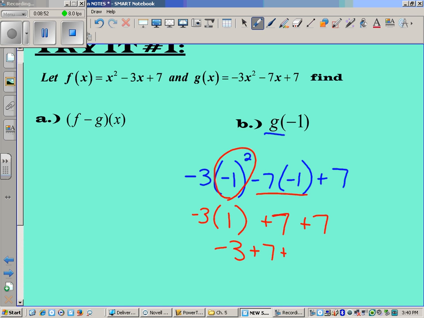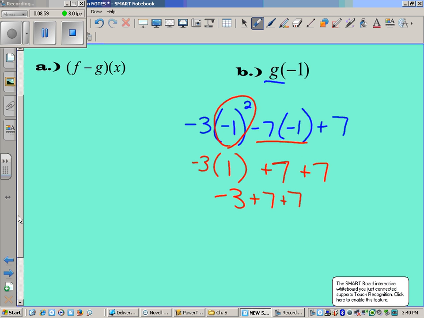I have a negative 3 plus a 7 plus a 7. Negative 3 plus 7 is 4. What's 4 plus 7? 11? Did you get your g of negative 1 to equal 11?